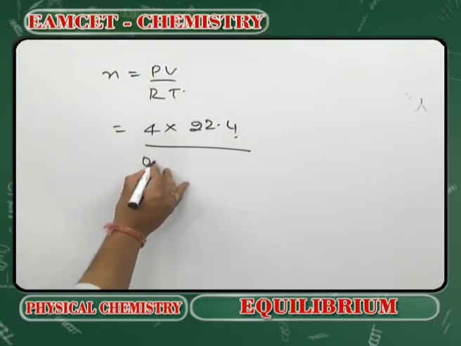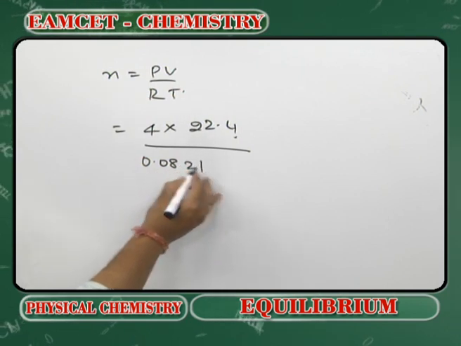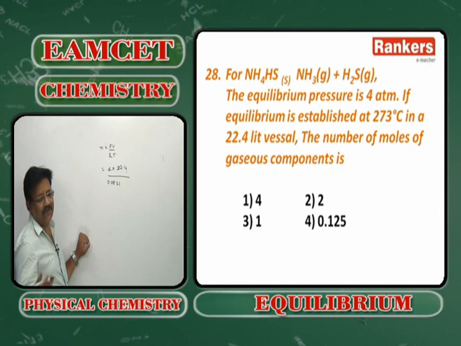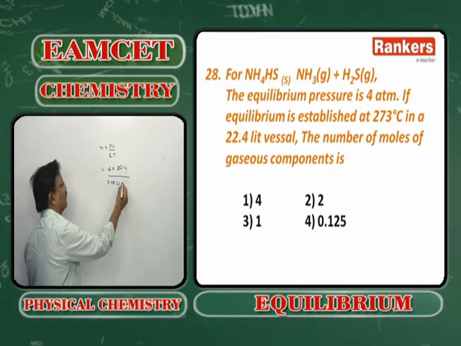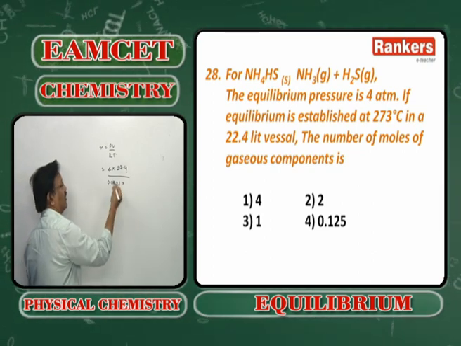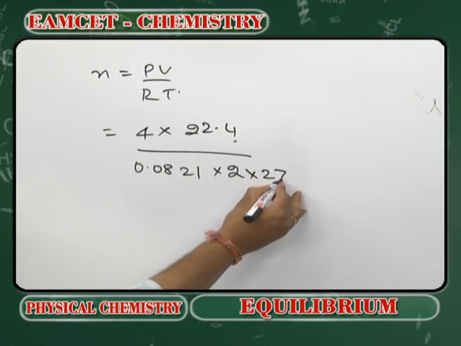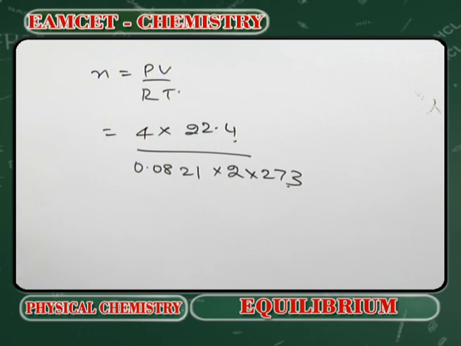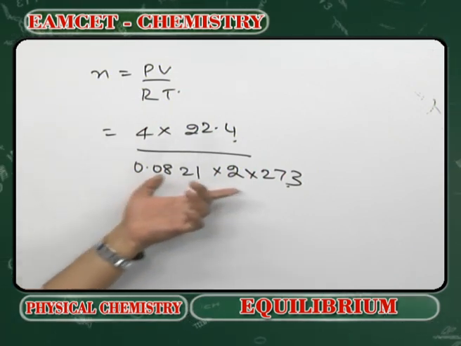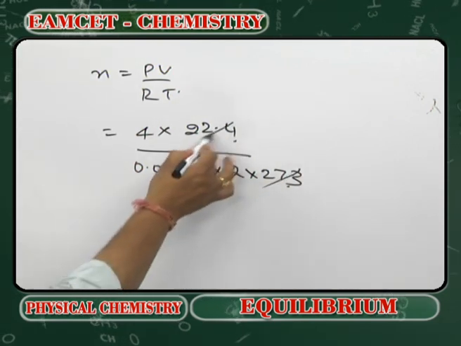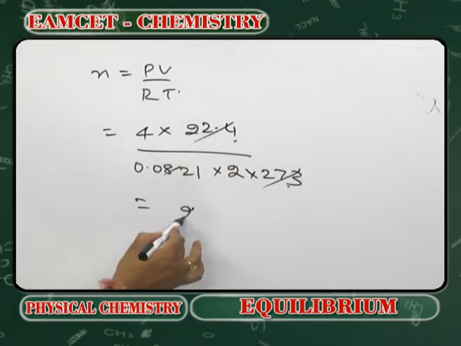What is the R value? 0.0821. What is the temperature? 273 degrees centigrade means 546 Kelvin. We can write it as 2 into 273. So 4 by 2, it is 2.